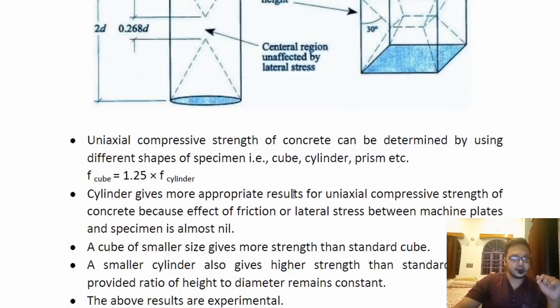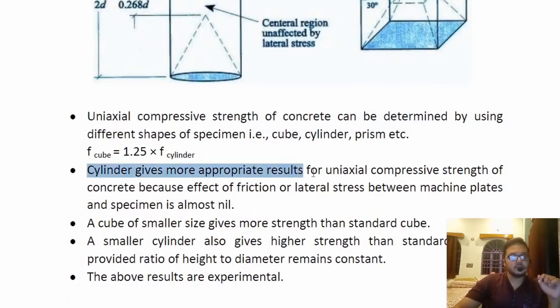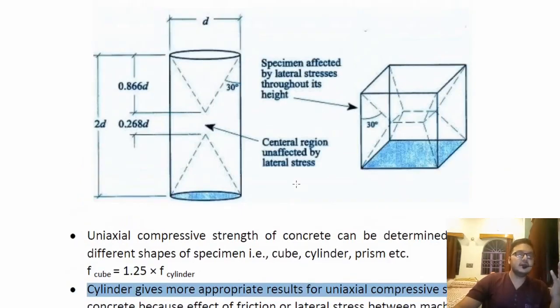So we can say that the cylinder will give us more appropriate results for uniaxial compressive strength because it will be less affected by the lateral stresses as compared to the cubes.